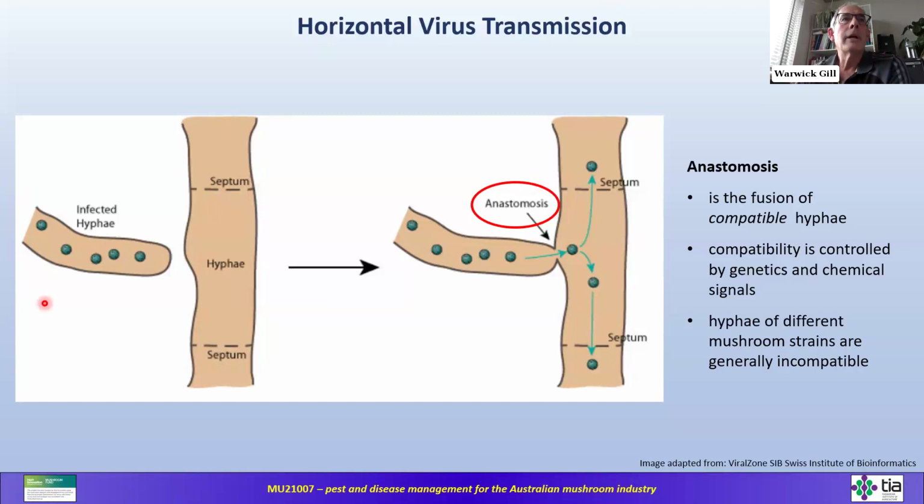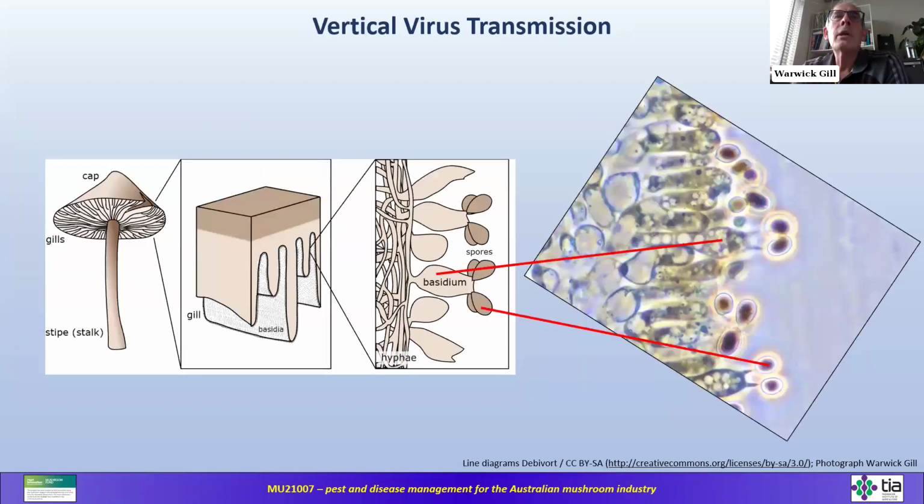We don't know why hyphae become infected or how they become infected, because unlike viruses such as COVID, these mushroom viruses cannot survive outside the host. So they must remain inside the cells, and as long as the mushroom cell remains viable, the virus will continue to survive.